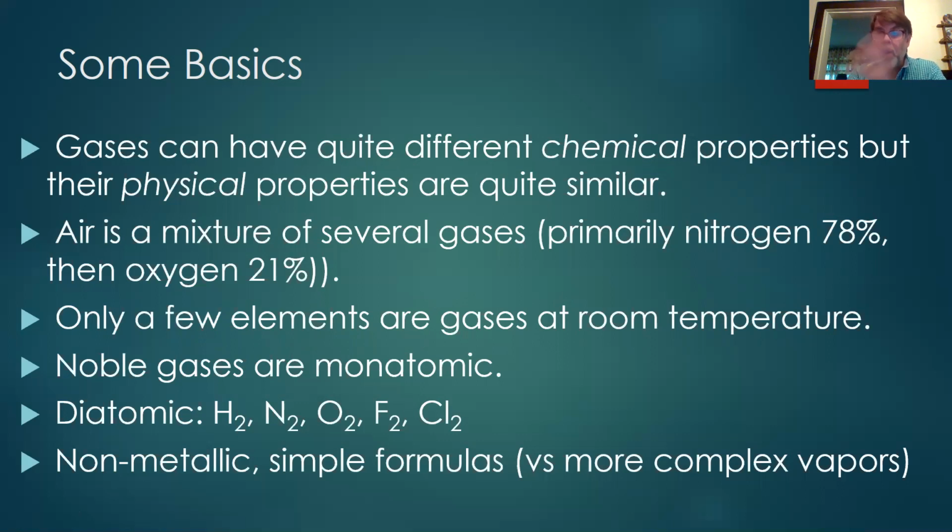When we talk about water in its gas form, we call it a vapor. But the simpler gases like hydrogen and oxygen are not metals, and they are fairly low on the periodic table in terms of the numbers.